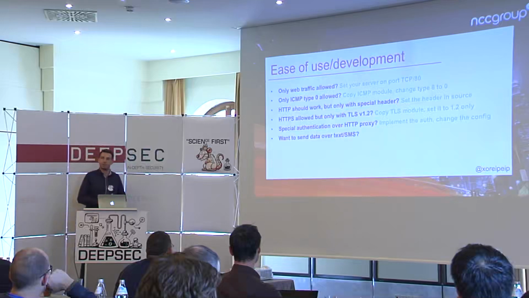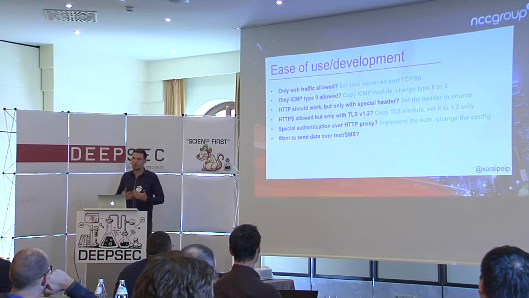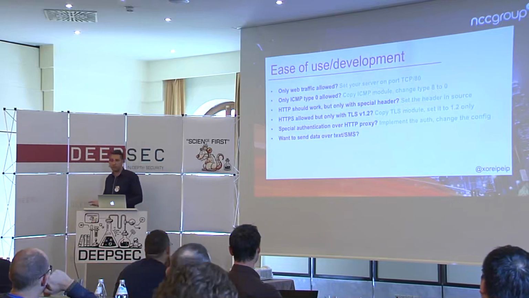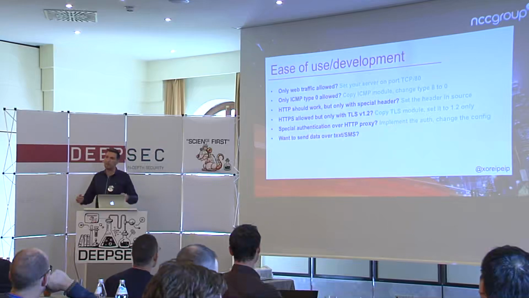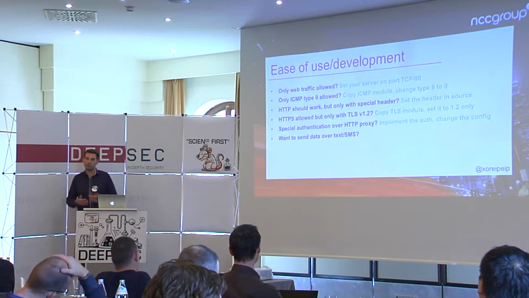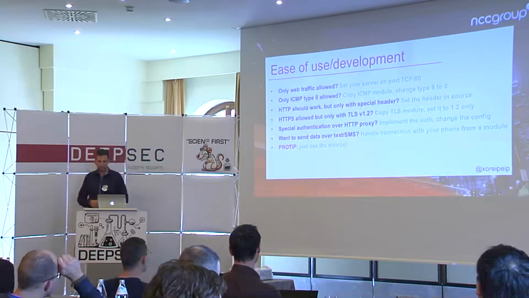If you want to do out-of-band tunneling, like you have 2 mobile phones and you want to send all the data over text or SMS, you can do that. You need to figure out how you connect your mobile phones to your laptops or to your server, and how you send and receive text. You implement that in a module, and it should be handled by the framework.